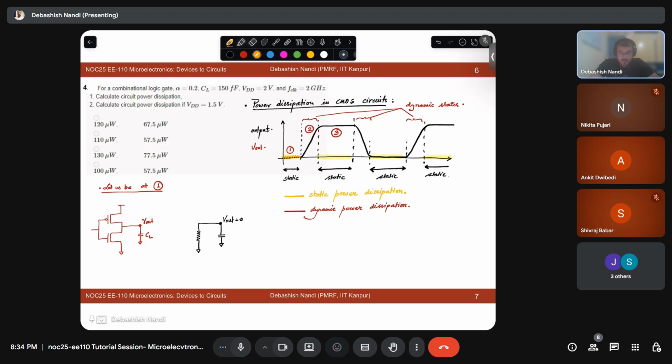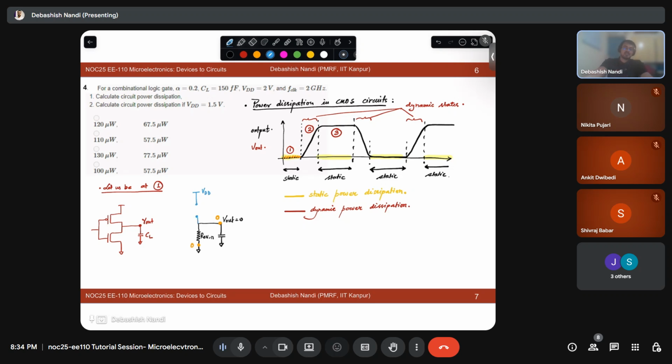So this node is 0, and let's say this is my R on N, and there will be this VDD, and ideally there is an open circuit.